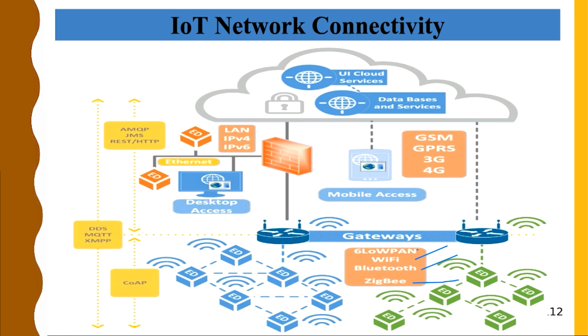Its range is 3 hertz to 300 gigahertz, and all different standards are defined under it. These standards are IEEE standards that are defined as Bluetooth, Wi-Fi, Zigbee, LoRaWAN. Similarly, we have different standards for mobile communication that we call 3G, 4G.